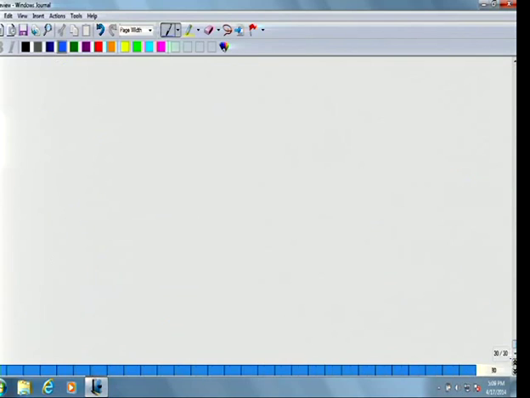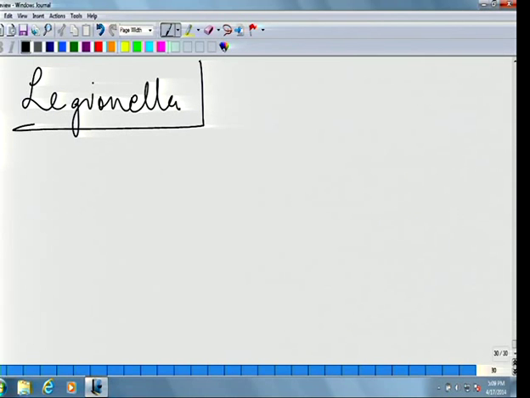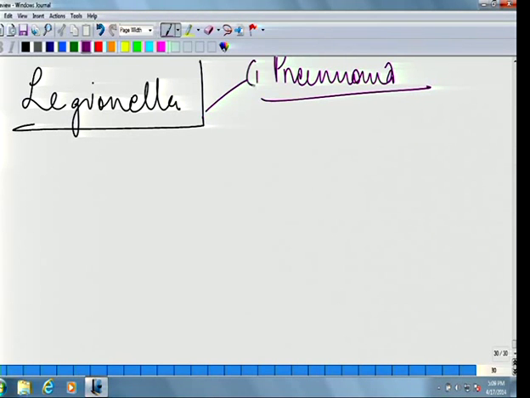Then the Legionella. Can you visualize it in the gram stain? First of all, remember when they ask what the symptoms of Legionella are: it's a pneumonia. What is distinctive?